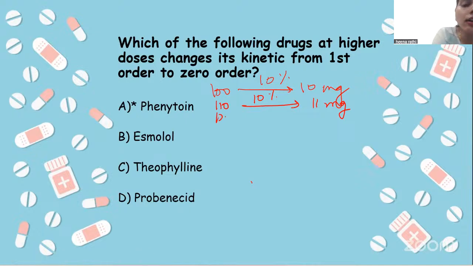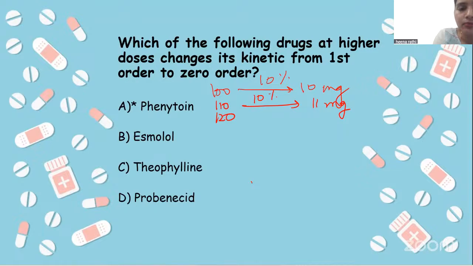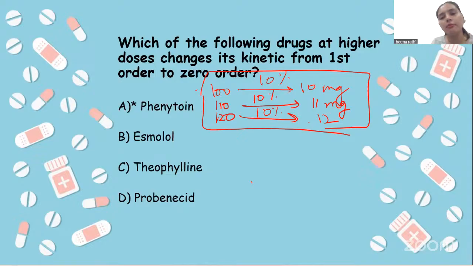If the concentration is increased to 120, the elimination will be 12. It means a constant fraction of the drug is getting eliminated. As the concentration of the drug increases, elimination also increases. That is first order kinetics. Most drugs will follow first order.